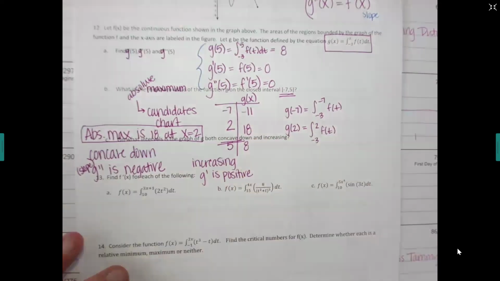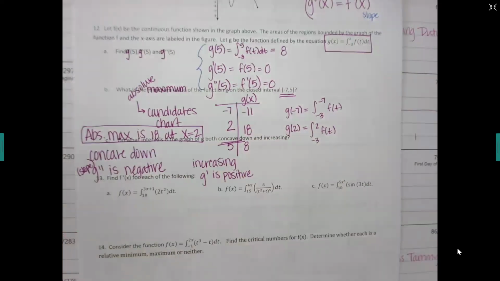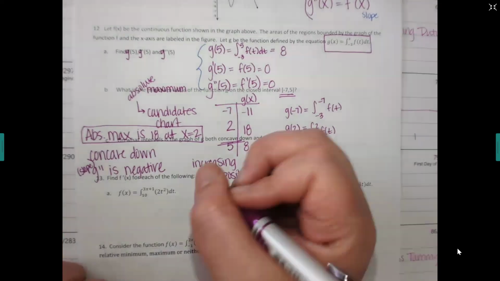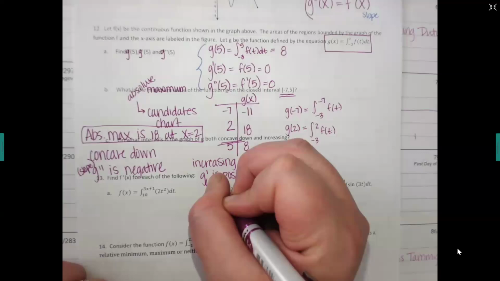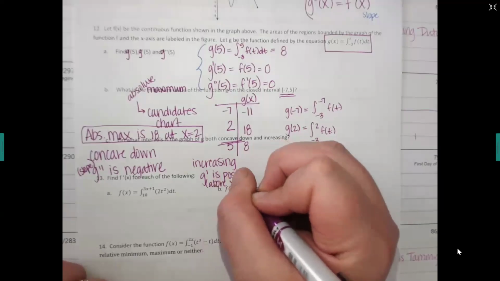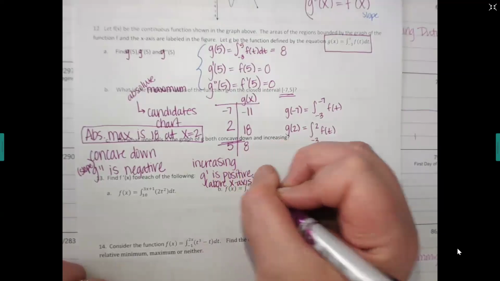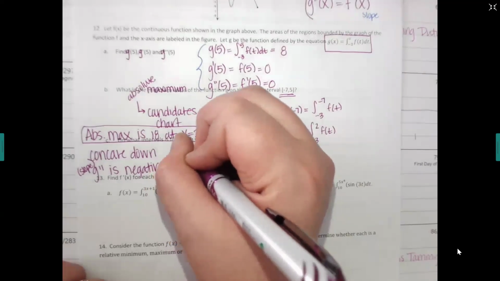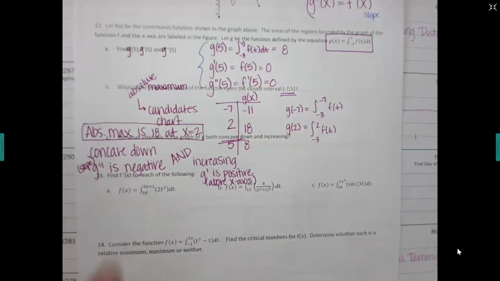But then I would think to myself, I don't have a graph of G prime, I have a graph of F. And on the graph of F, what feature is G prime? Y value, which means if I want a positive Y value, I need to be above the x-axis. So now look on your graph. Where am I above the x-axis? And I have a slope that's negative.